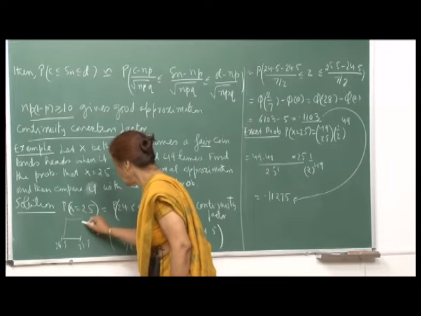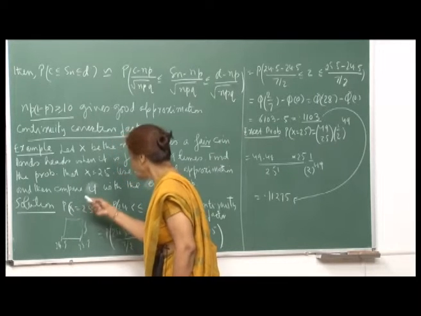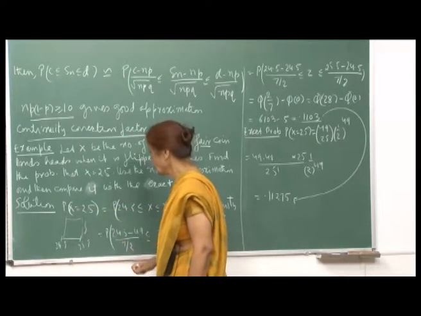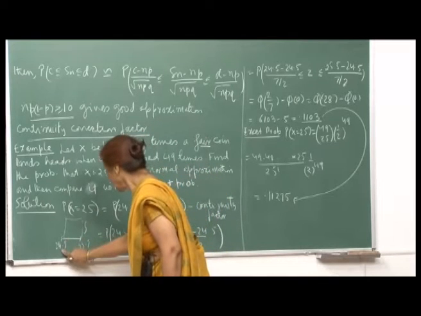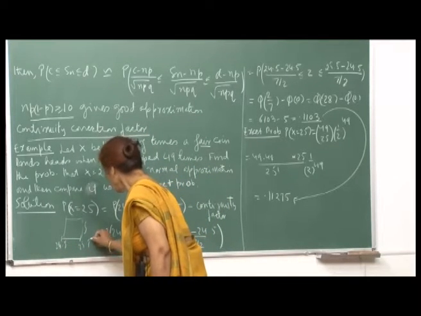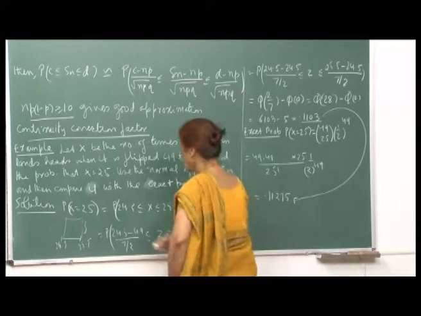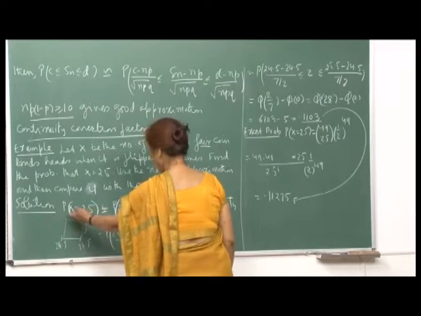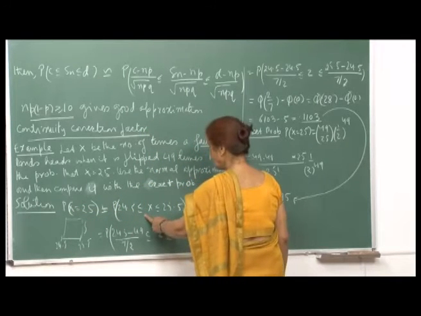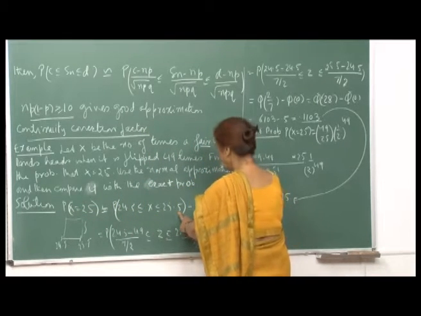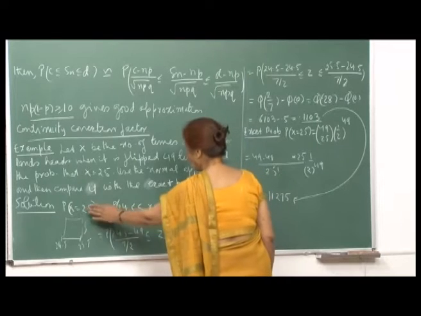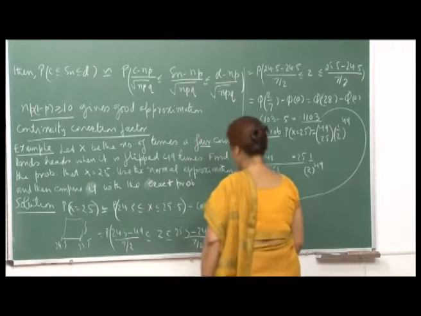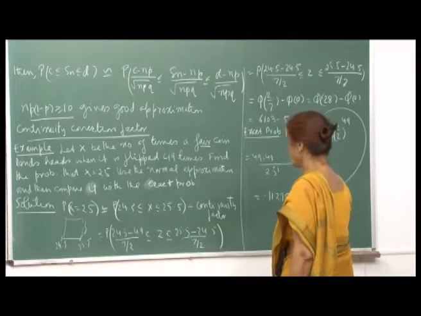So, this is the bar, right, and the height is the probability that you associate with x equal to 25. So, 24.5 and 25.5. Therefore, the approximate event will be 24.5 less than or equal to x less than or equal to 25.5. So, I am now approximating this event by this event, right, because of the continuity factor.